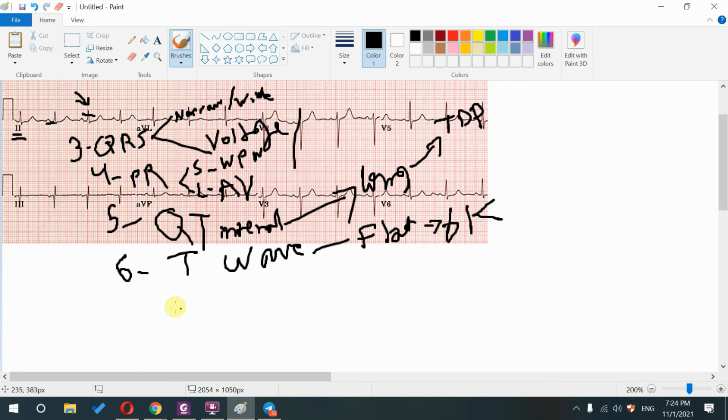What does it mean if the T wave is prominent? Hyperkalemia will do that. Ischemia will do that. Good. Guys, now it gets tricky. What if it is inverted downward?